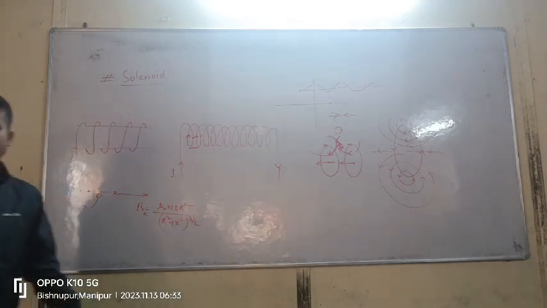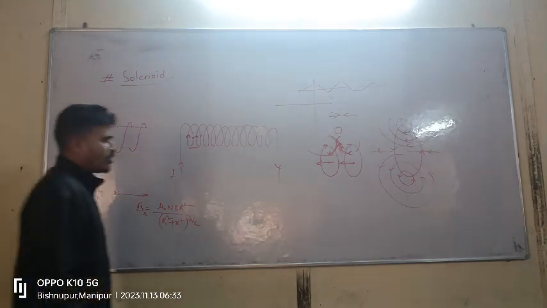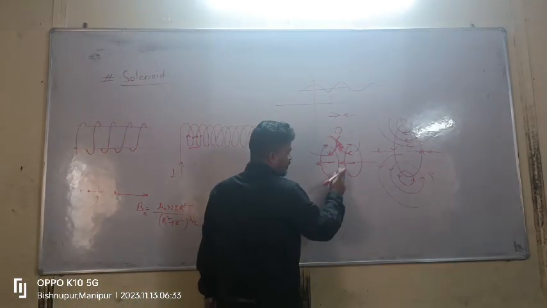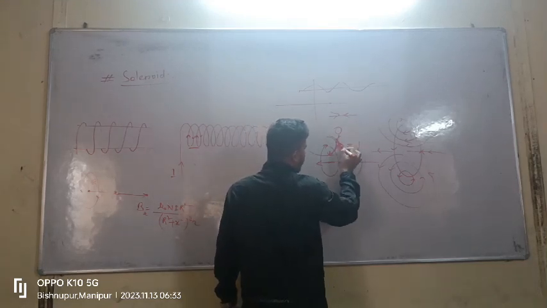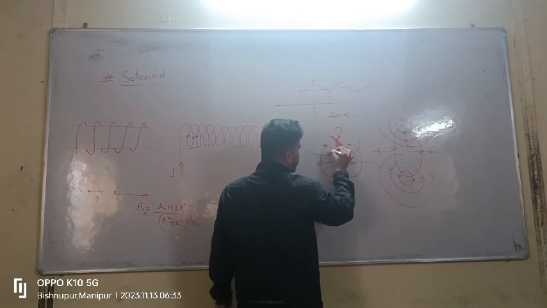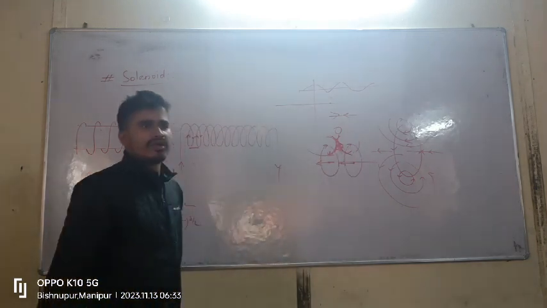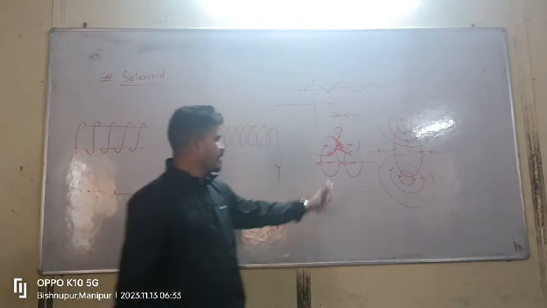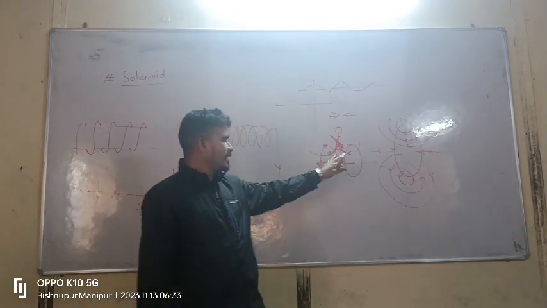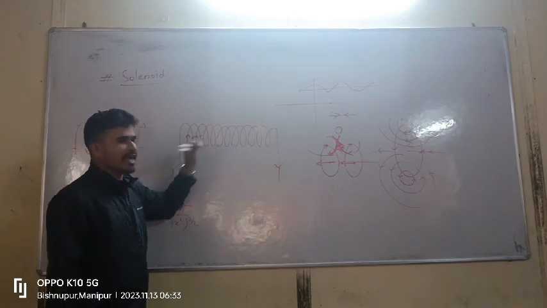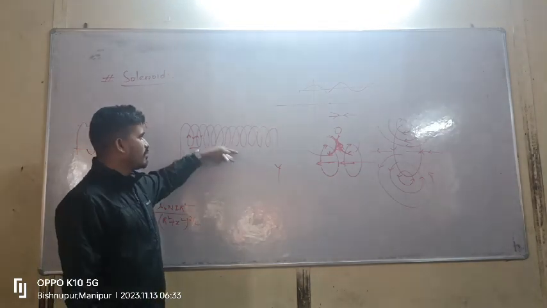What about between them or along the axis? They will be in the same direction. What about here? Here one is going up and another is coming down, so they will cancel each other. But here they will support each other. That's why we calculate the magnetic field inside a solenoid. But what about the outside?